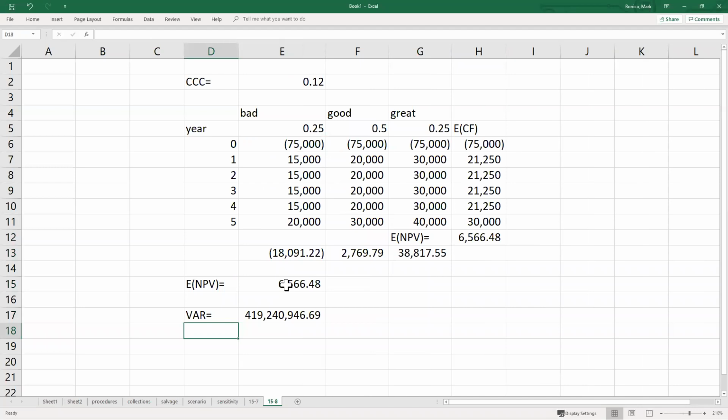And that gives me my variance, and then my standard deviation is the square root of my variance. And so I get 20,475.